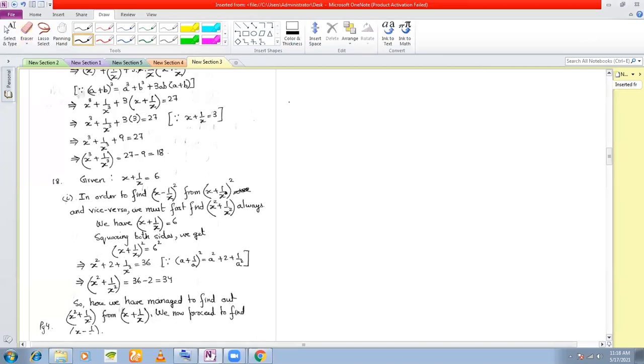Here is: if x plus 1 by x is equal to 6, fine. First question, x minus 1 by x. And the second question is x square minus 1 by x.